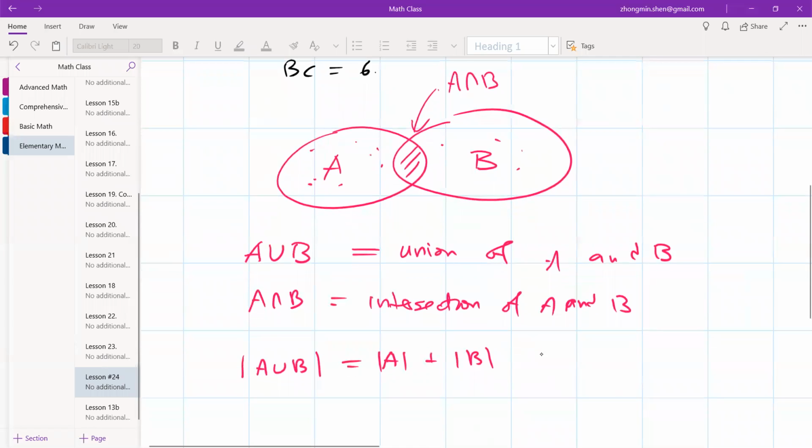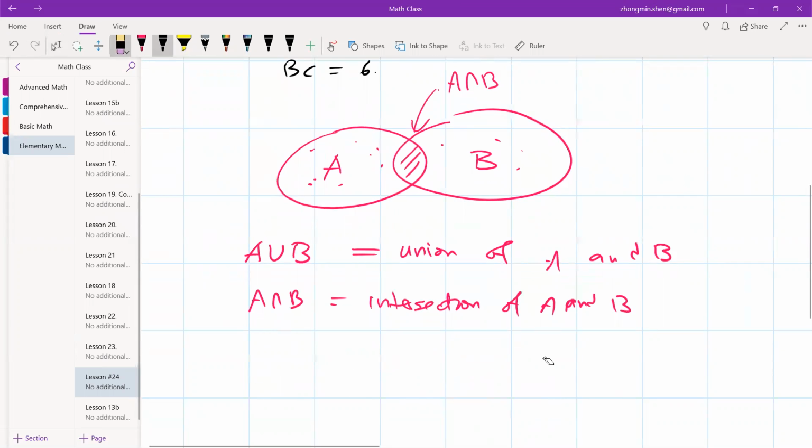If we just do A plus B, the overlap part is double counted. Let me write this. The elements in set A and the elements in set B, added together, give the elements in the union, but there's an overlap part.